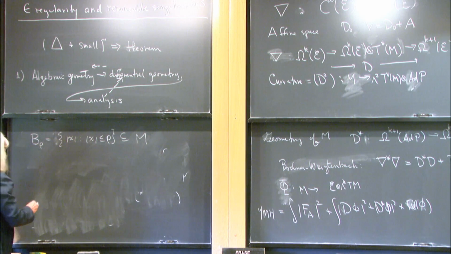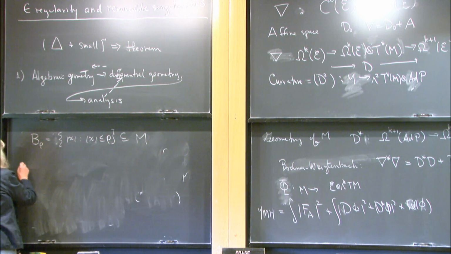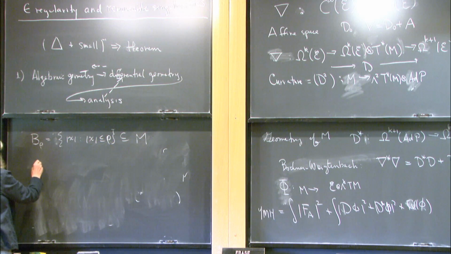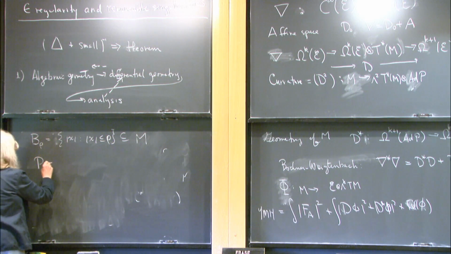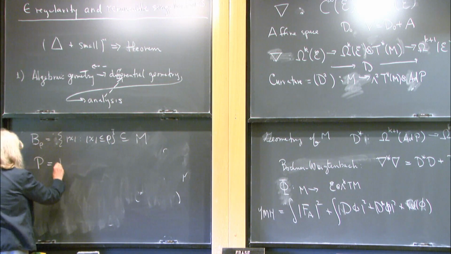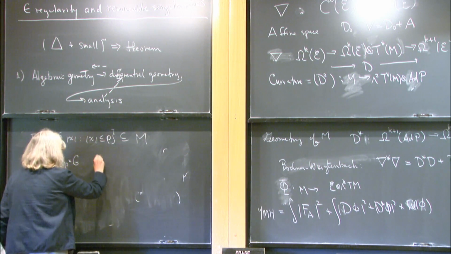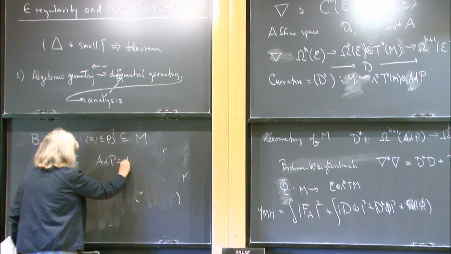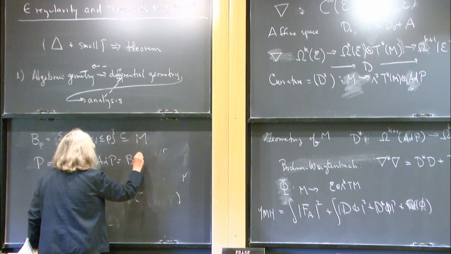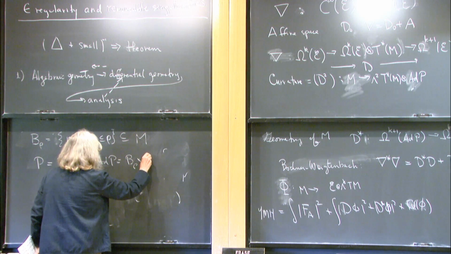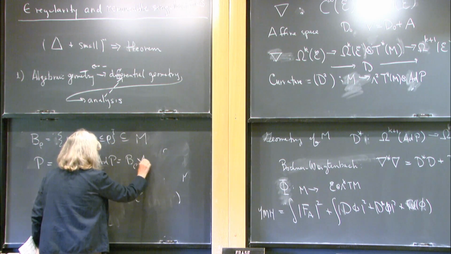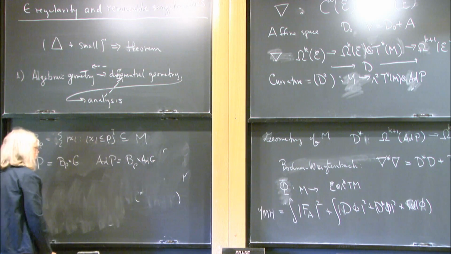Now if you have a ball like this and you choose a trivialization, I'm just choosing an example where P is B_rho cross G, and of course ad P is B_rho cross the Lie algebra of G, and so forth.